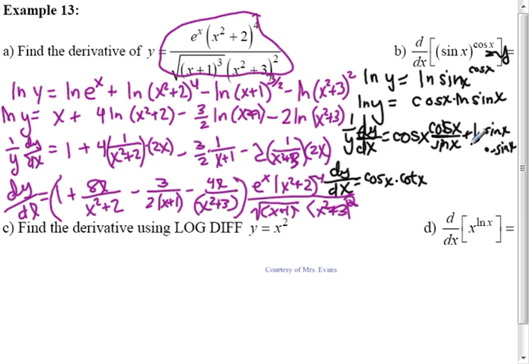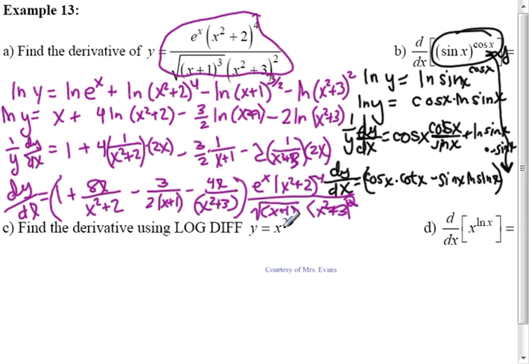Plus, or I could say minus, so I don't forget that negative, minus sine of x times ln of sine of x. And this all has to be multiplied by that original function, which I can't fit. Alright, so pretend I could write that right there. Sine of x to the cosine of x.